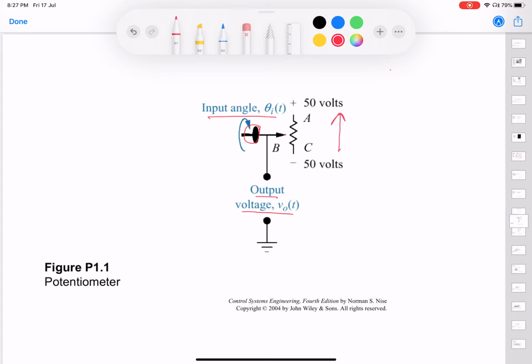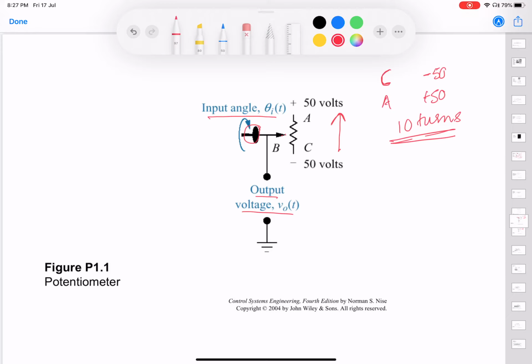When it is at C, you are tapping minus 50 volts, and when it is at A, you are tapping plus 50 volts, right? So the voltage that you're able to tap through the moving element B is from minus 50 to 50 volts. And say you take 10 turns, so it is a 10 turn potentiometer. You take 10 turns to move from C to A.